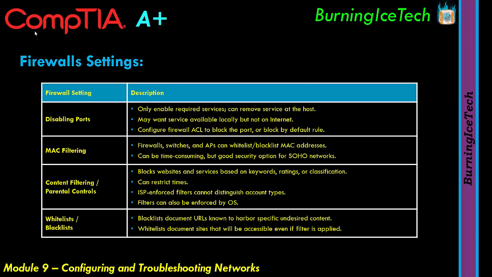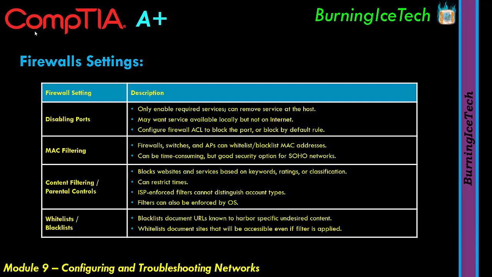Now you also have something called content filtering, or in some cases parental controls, where you have the ability to choose what websites are allowed or blocked, what keywords are allowed or blocked, and just general things. You can even restrict times. Restricting times is more something you'll find on Windows 10, and that's more for kids.